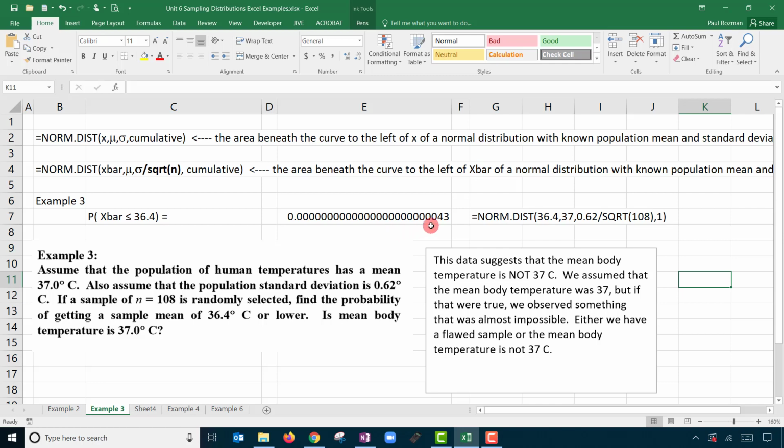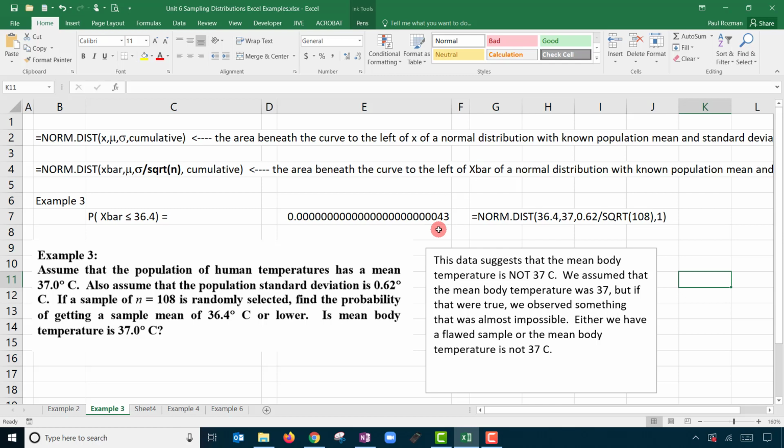So what does this mean? Everyone says body temperature is 37. We collect 108 people and get a mean of 36.4. The probability of that happening is so remote that one of two things has gone wrong. Either my 108 people are the strangest people I ever could have picked.